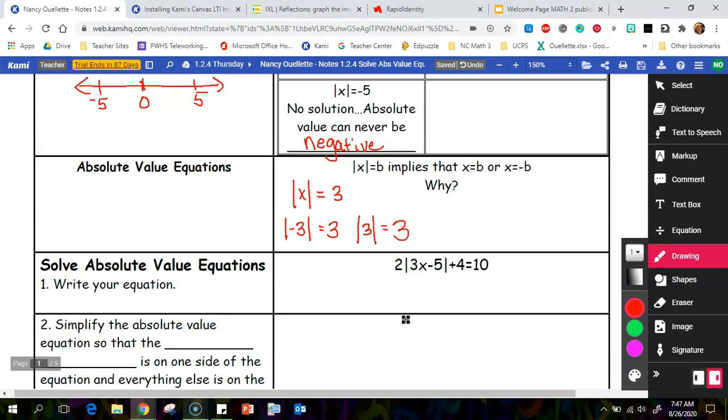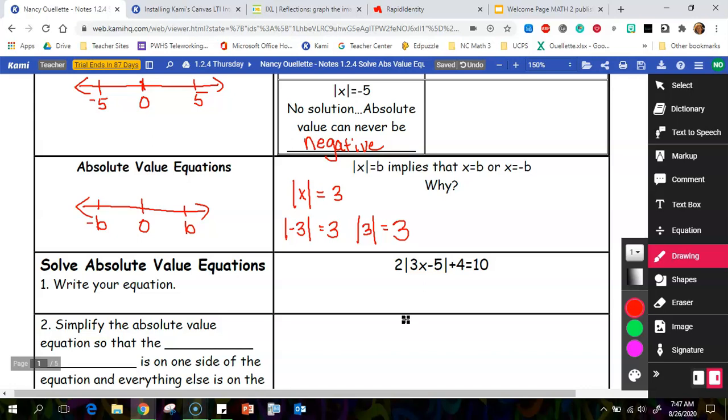Why is it that way? Let's look over here. Let me draw this graph. Here's 0, negative b, and this is positive b. Either one of these would be b units from 0.